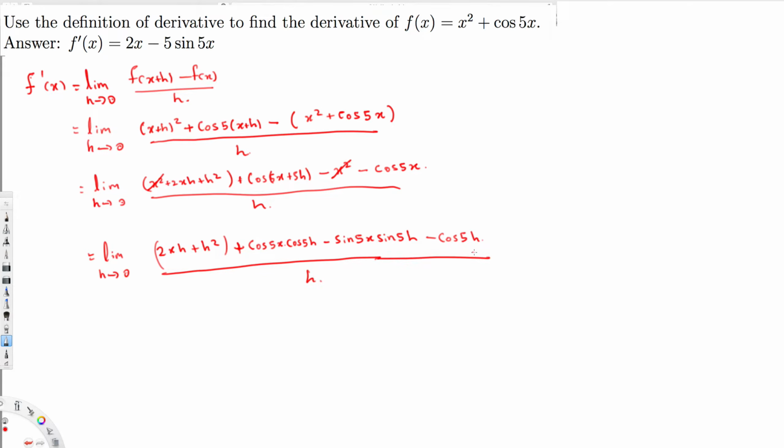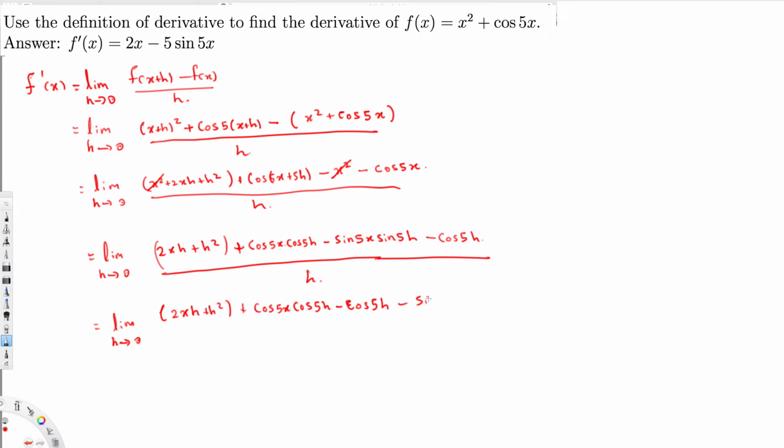So let's bring all the cos together. If I bring all of them together, it's going to be limit h approaches 0 of 2xh plus h square plus cos 5x cos 5h minus cos 5x minus sine 5x sine 5h over h.